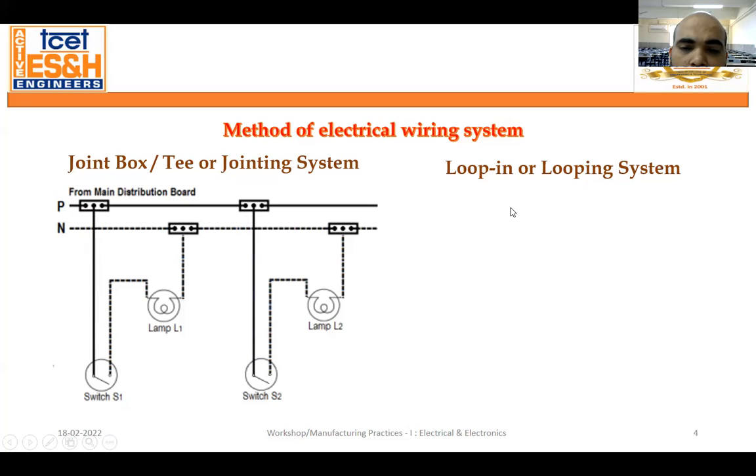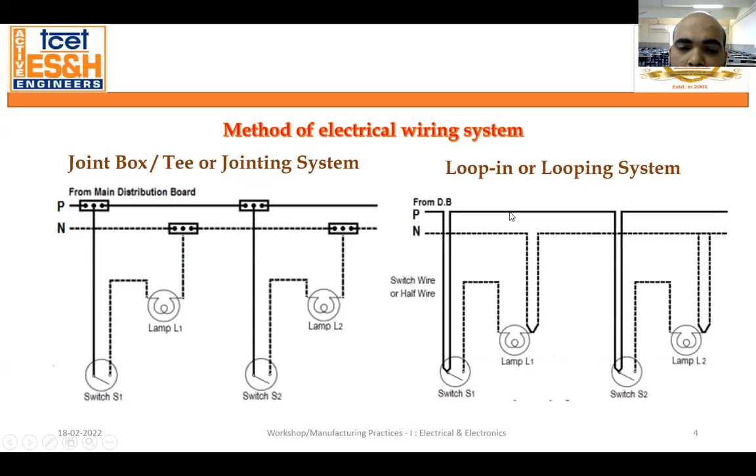But in the case of a loop-in, you can see the diagram where it is being connected to the switch. The connection you can see with the switch. So in this case, the connection is required at a light or a switch, and the feed conductor is looped in. Okay, so here you can see that the feed conductor is being looped in.